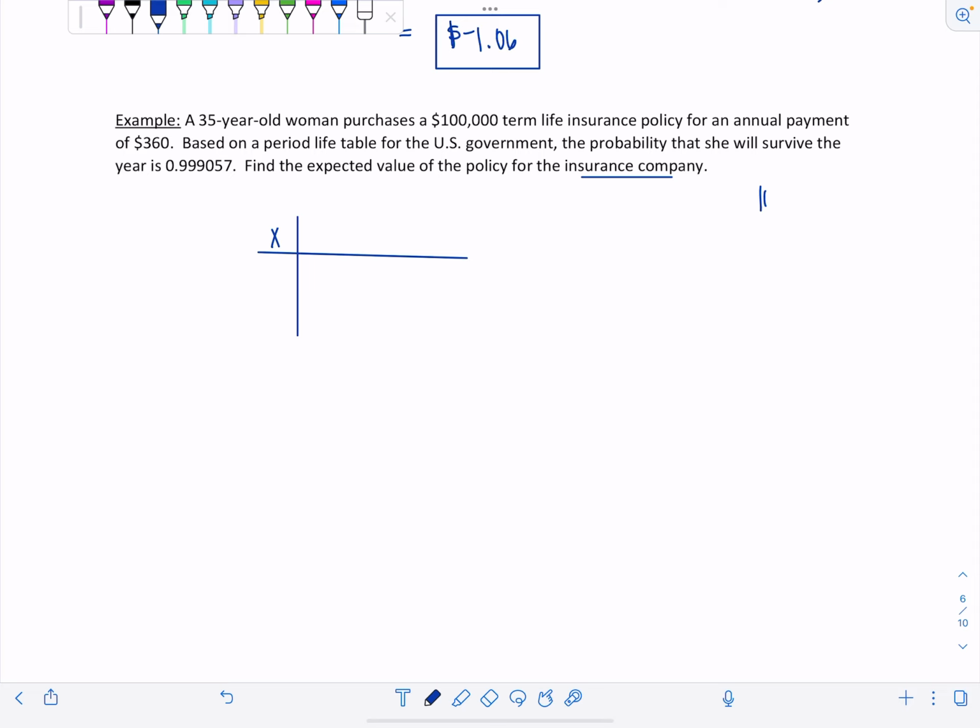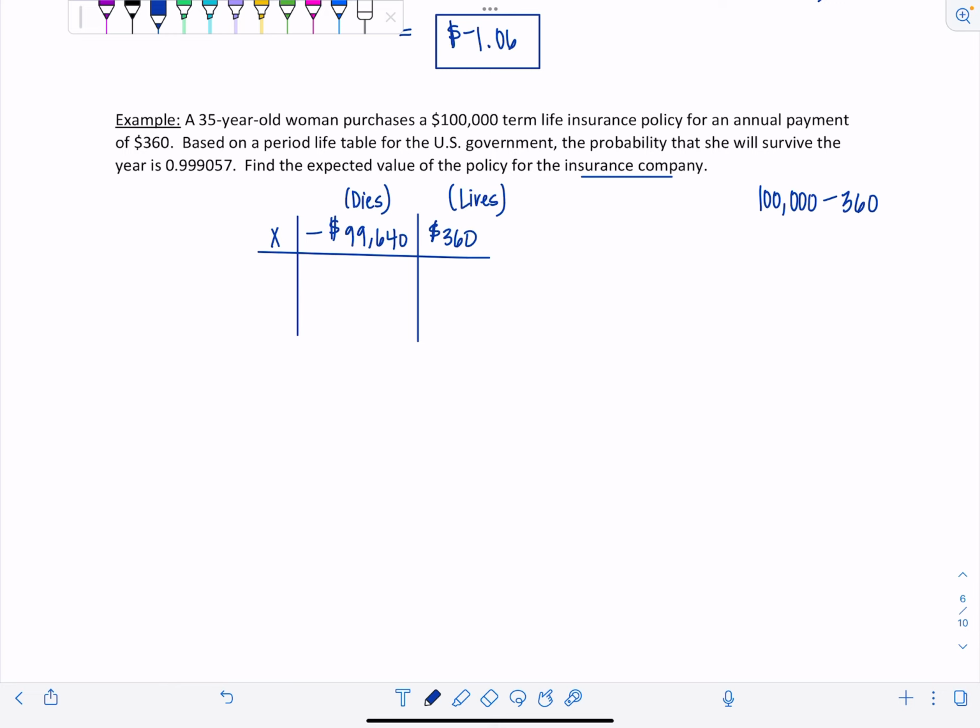They're paying out $100,000 minus $360. So the insurance company would be out $99,640. That's one option, if this woman dies. The other option is she survives the year, she lives, and they get $360 from her, and that's it.